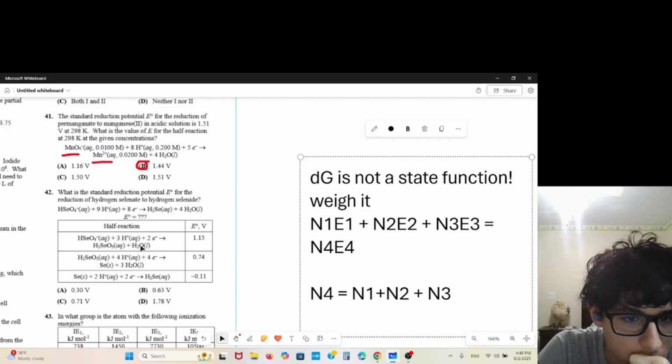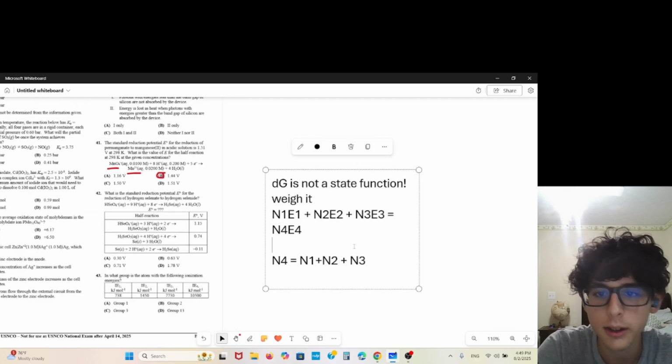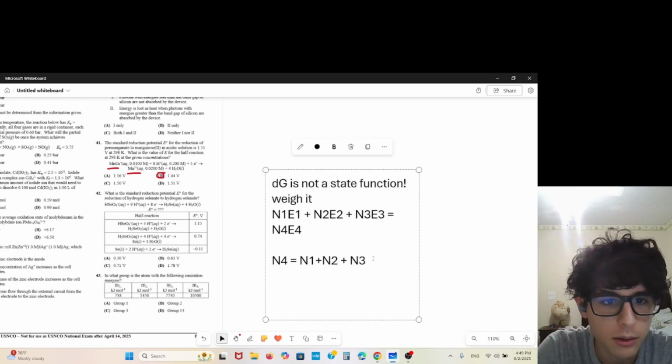Let's take a look at these. Look at these electrons adding up. Look at these protons adding up. Stuff cancels out. These cancel out. Exactly, right? So how do we figure this out? Well, just add them up.